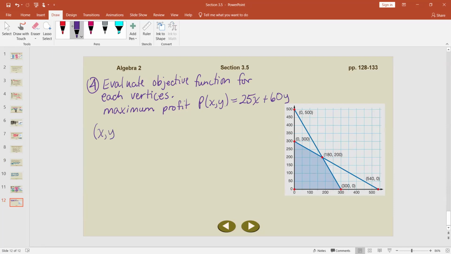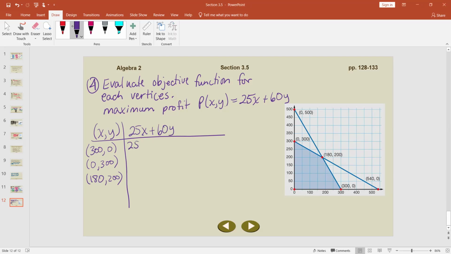Okay, so let's go ahead and get those vertices. So that's our x and y. Not even going to bother with 0, 0, because that's going to give us our minimum, 0. But let's use 300, 0, we had 0, 300, and then we had 180, 200. So we're plugging that into 25x plus 60y.